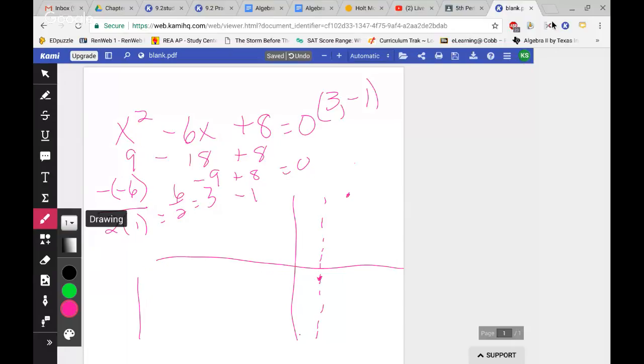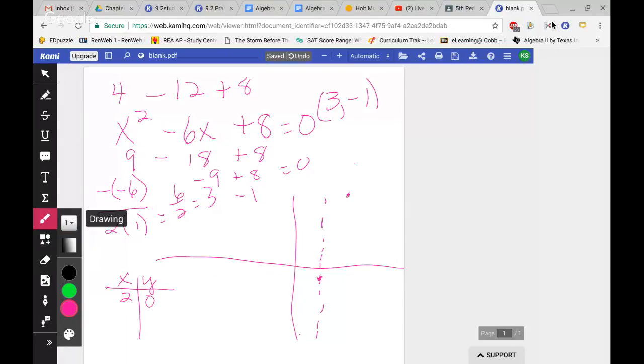So now, doing a chart of values. I'm going to try 2, which is 4 minus 12 plus 8. So that's going to give me 0.